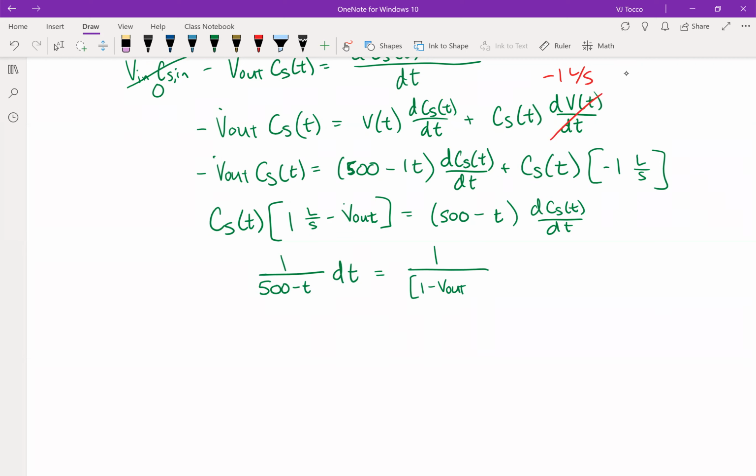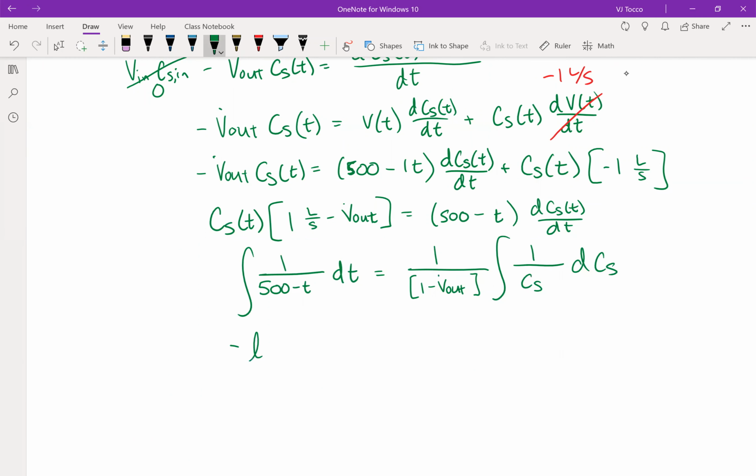I always want to make sure that my units are consistent. 1 minus V out times CS of t. Actually, that is a constant, right? So I can actually factor that out of my integral. So I'm going to write that as 1 over 1 minus V out times 1 over CS dCs. Okay, and then I integrate.